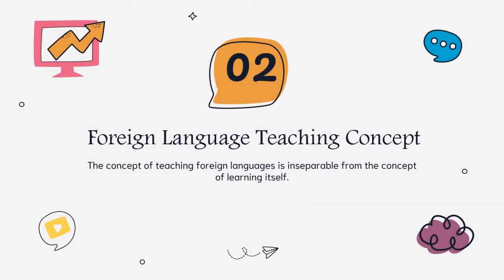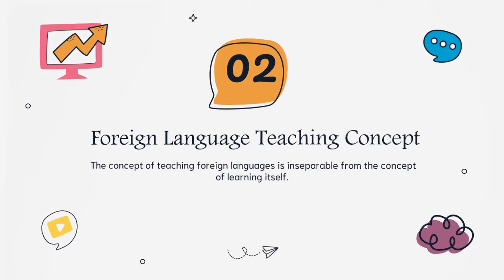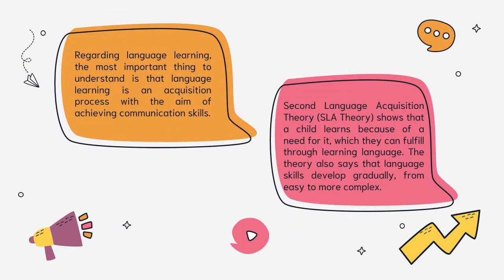Okay, we move to the second, foreign language teaching concept. The concept of teaching a foreign language is inseparable from the concept of learning itself. Regarding language learning, the most important thing to understand is that language learning is an acquisition process with the aim of achieving communication skills.